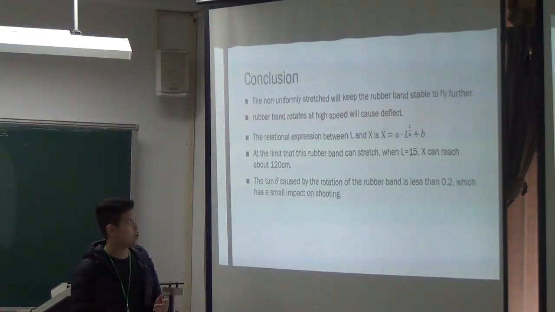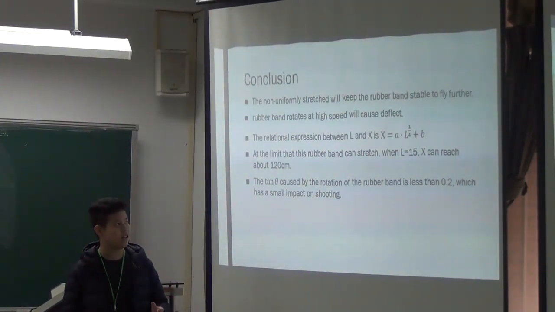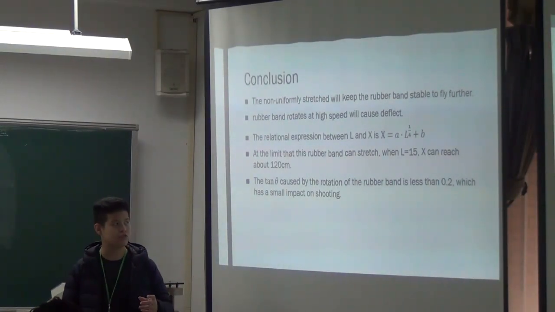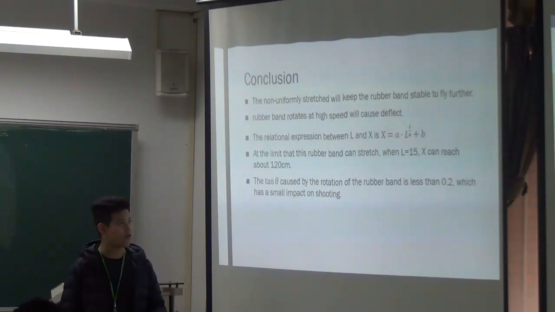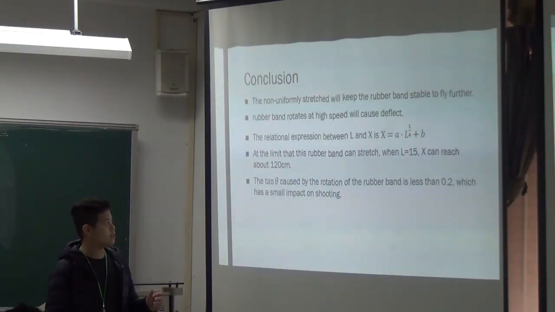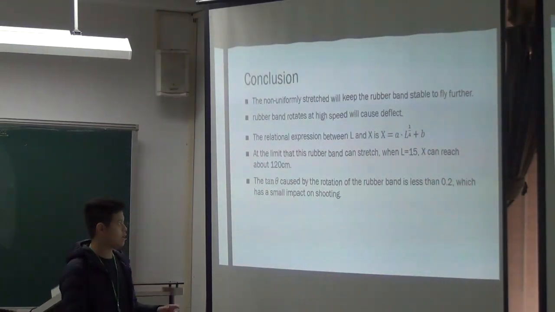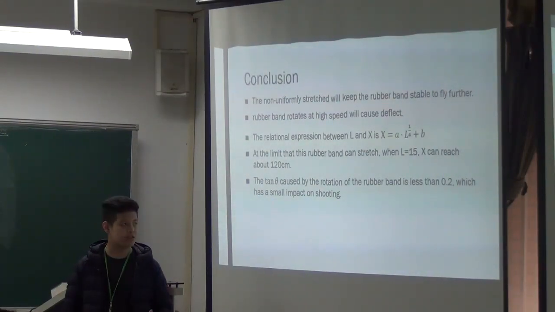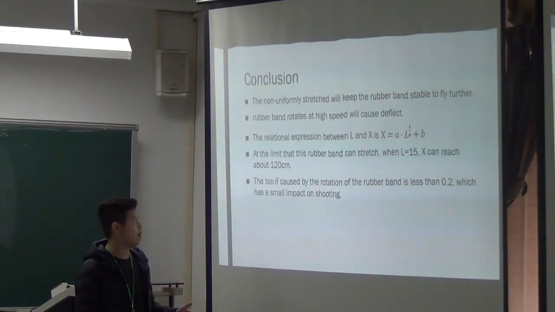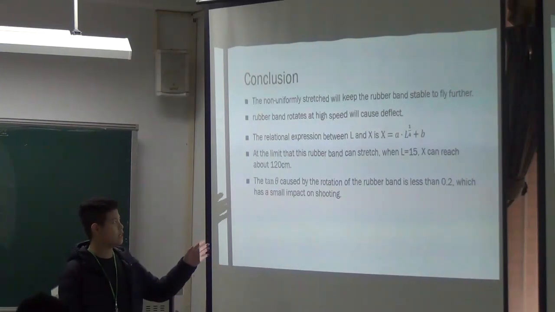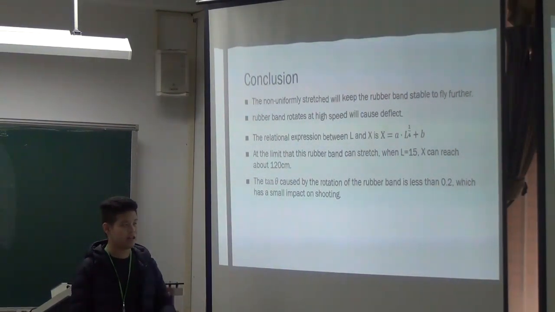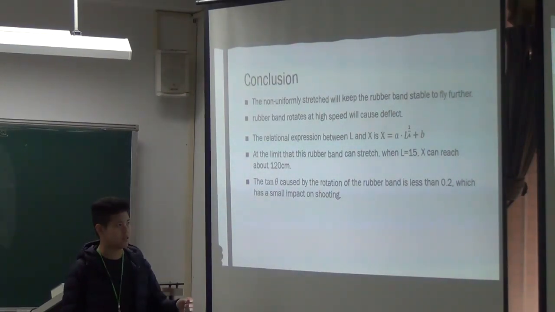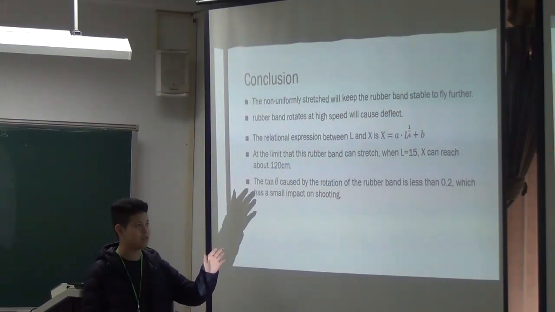And the relational expression between L and X is X equals A times L to the power of 1/4 plus B. And the farthest distance that we found is 120 cm, because the maximum L in this rubber band is 15.